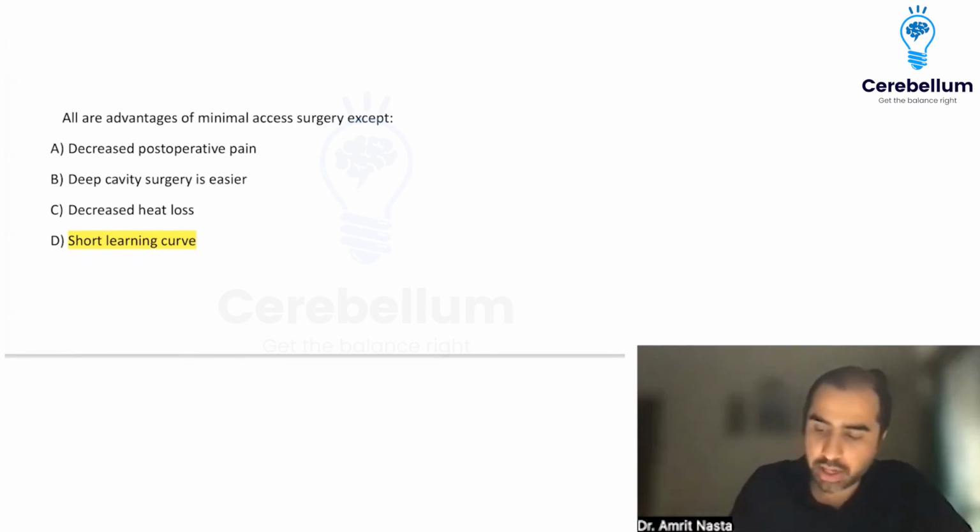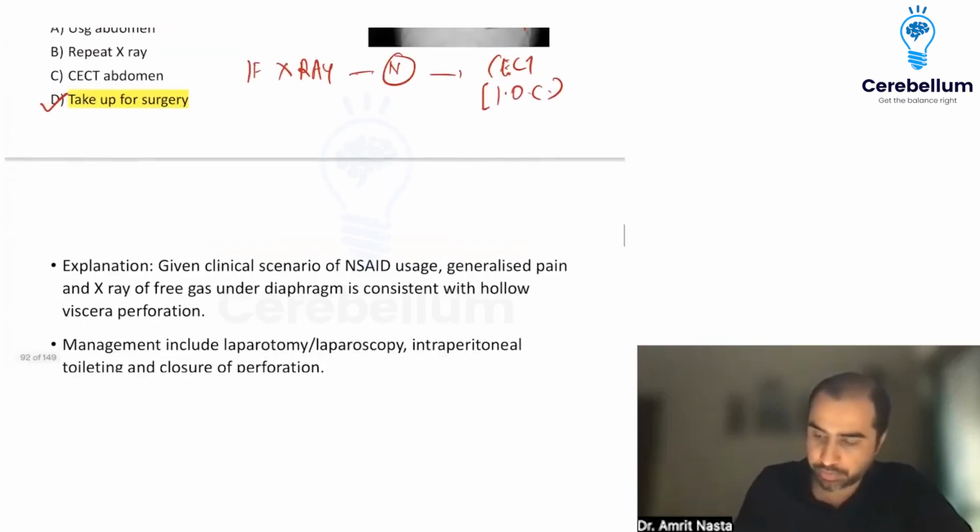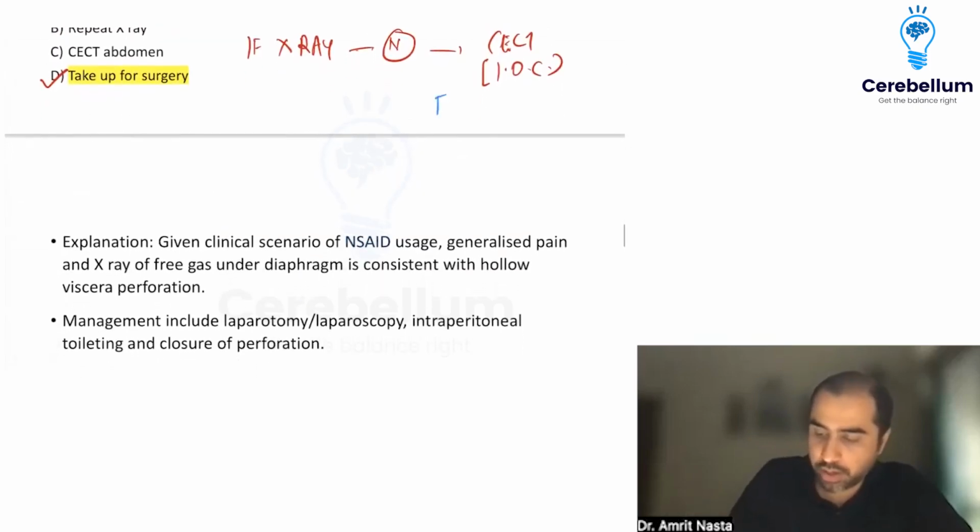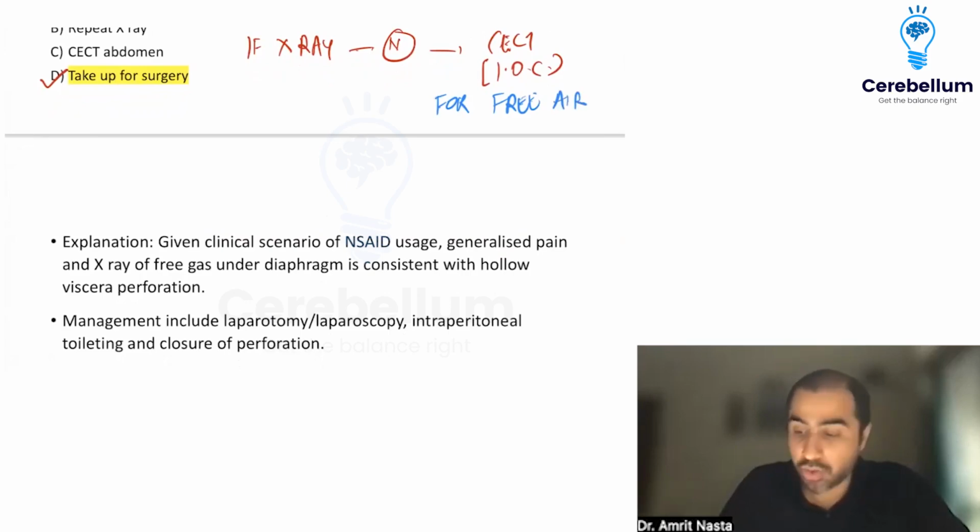This we didn't discuss. For what IOC? IOC for pneumoperitoneum. Investigation of choice for free air is going to be CT. How much air can CT detect? Quantity of air CT can detect, quantity of air X-ray can detect. Since you asked, X-ray will detect if the air is more than 10 to 20 ml.